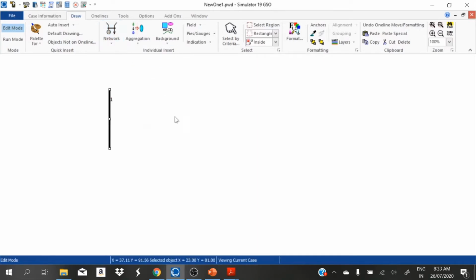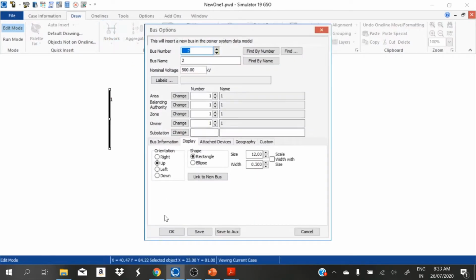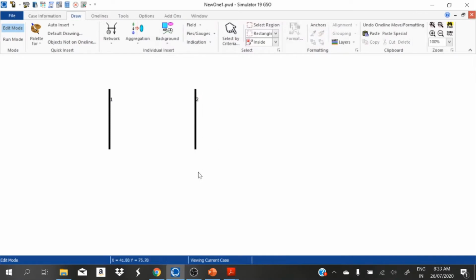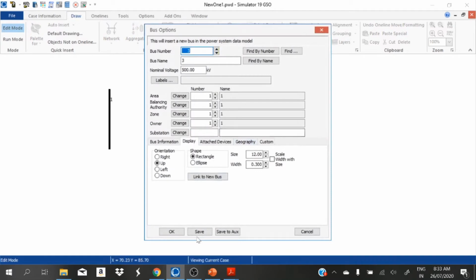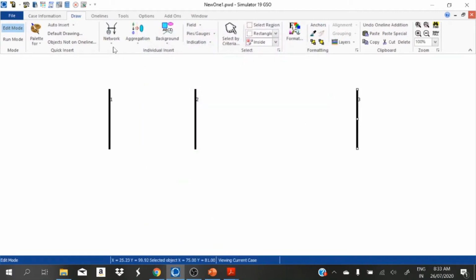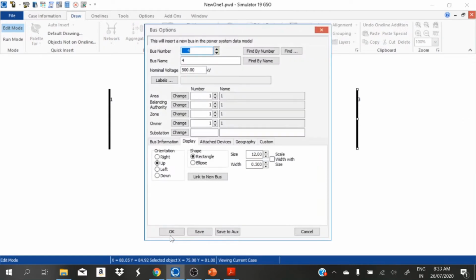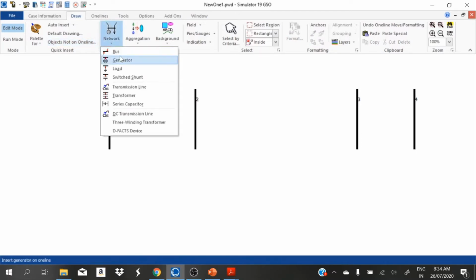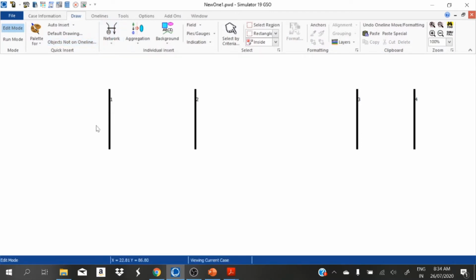Bus 1, bus 2, bus 3, bus 4, and we have to connect a generator at bus 1.